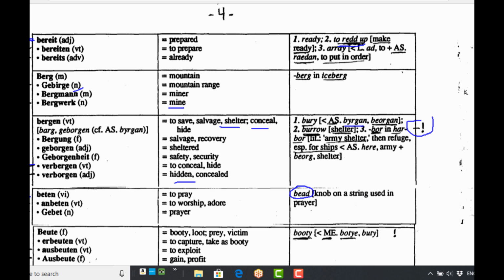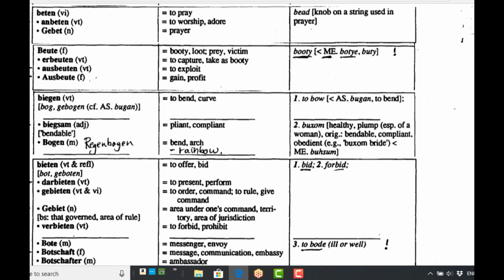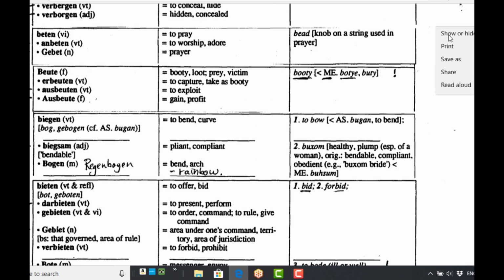Okay, then Beute, from booty, from the Middle English apparently. So you have the booty or loot or prey. And then ausbeuten is to exploit.